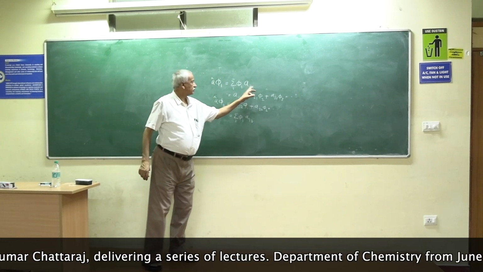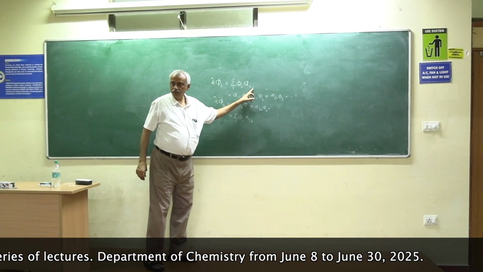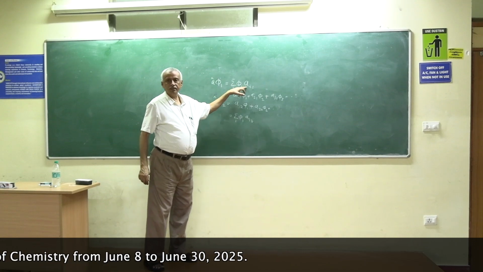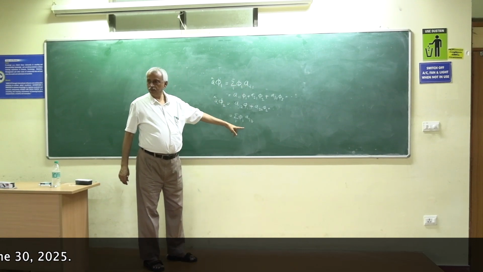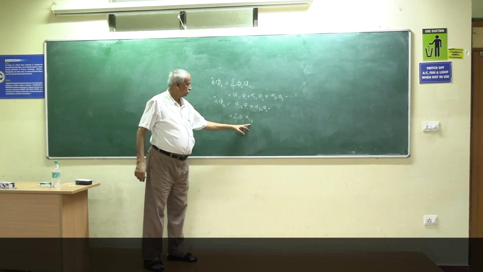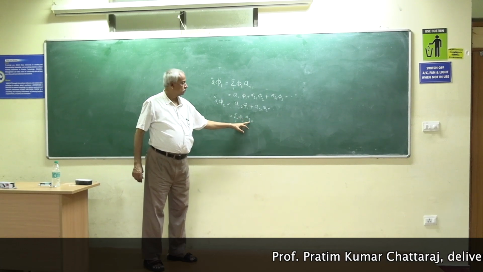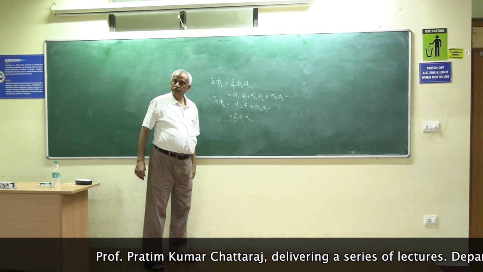Because this one is the memory of that one, and A is coming as A i 2. That way you can remember. So this one is phi i A i 2. Then it is phi 1 A 1 2, phi 2 A 2 2, then phi 3 A 3 2, and so on, isn't it?